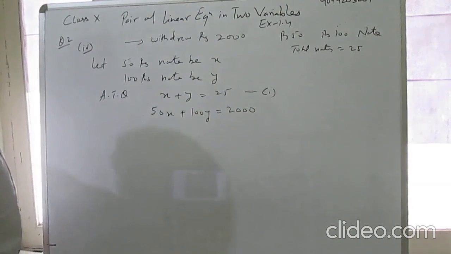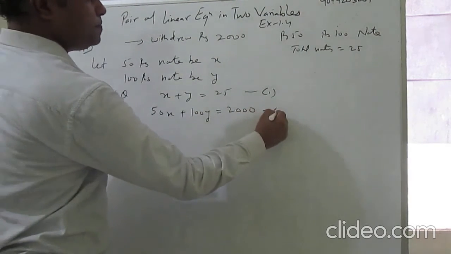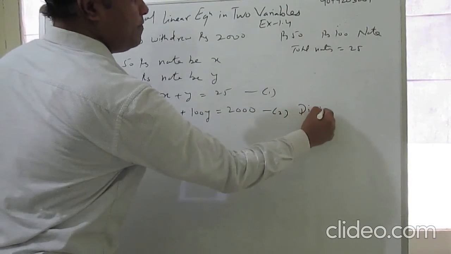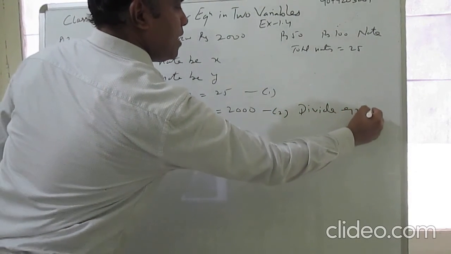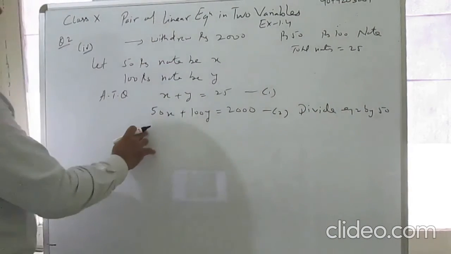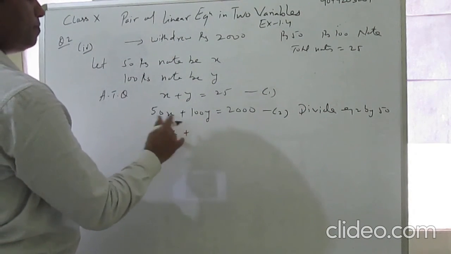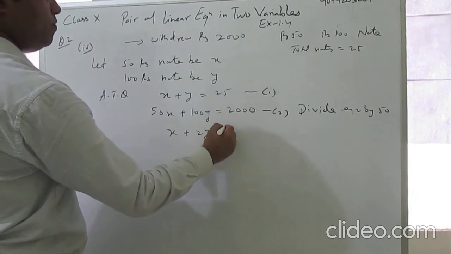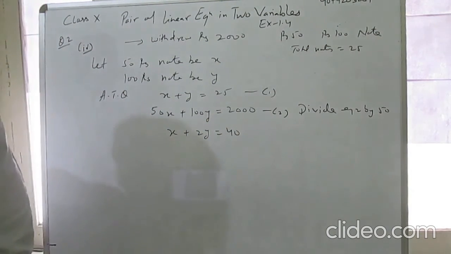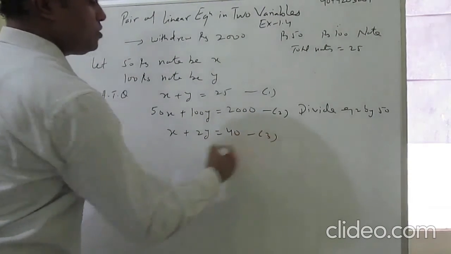Now see here, if you simplify or divide equation 2 by 50, it becomes x plus 2y is equal to 40. 5 4s are 20, 0, look at 40. Now give this equation 3.